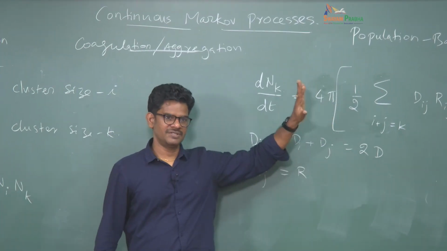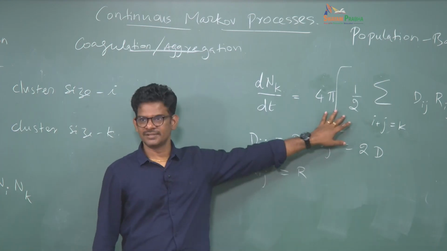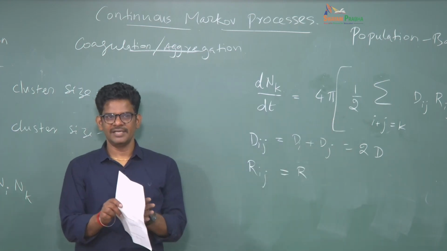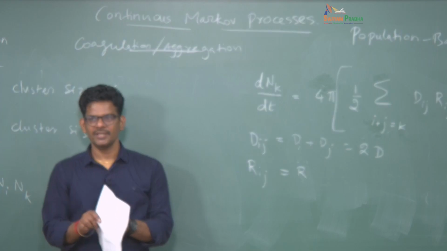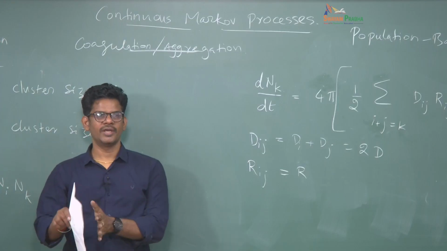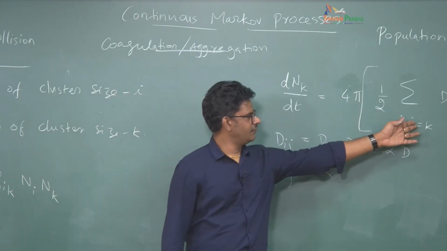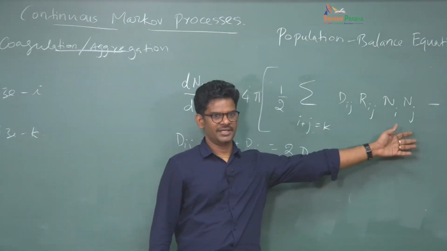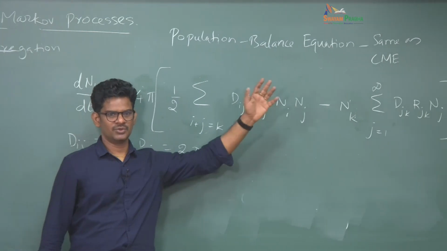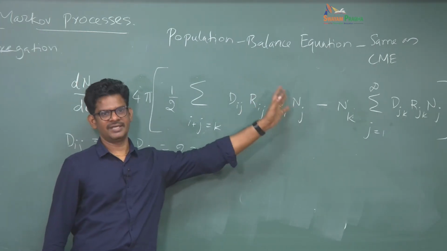So if you are seeking an analytical solution for this, you can only solve this analytically at a very short time, where you are starting with the monomer and you are looking at only a few aggregation steps. Whereas if you want to solve this for a more general case, it has to be by numerical method. There is no general analytical solution for a general case.